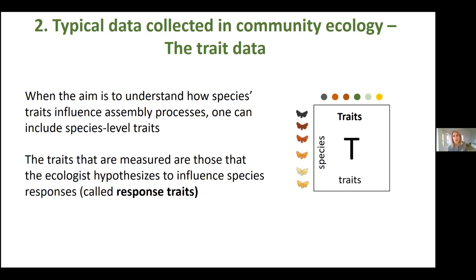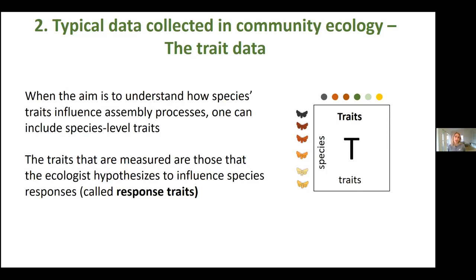Quite often, we accompany our community data with some trait data, because we hypothesize that there are some traits that influence how the species are responding to the environment. For example, if we have two types of habitats with very different resources, we may want to include a trait that tells how the species uses the resources to understand the distributions of the species in the two habitats.